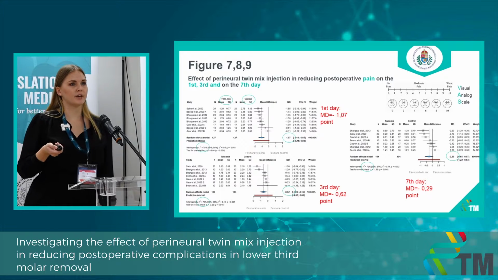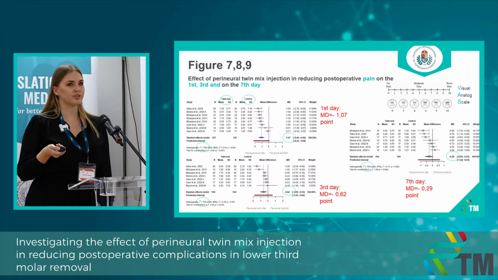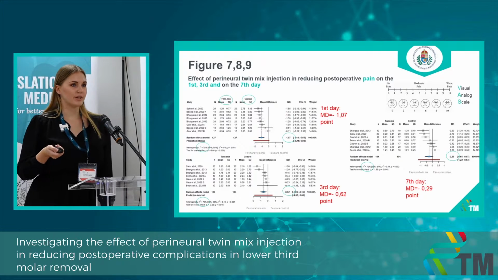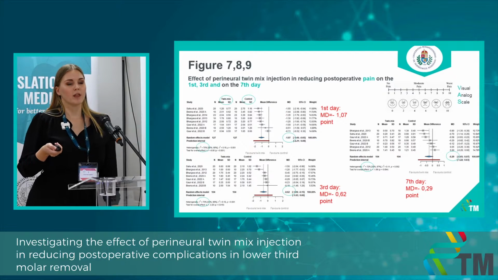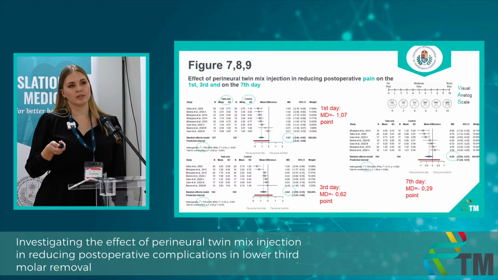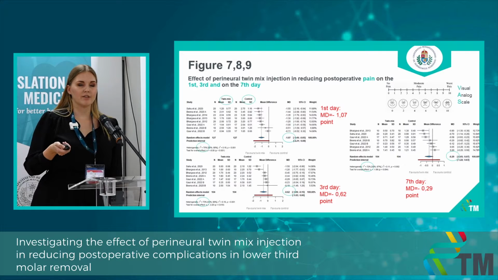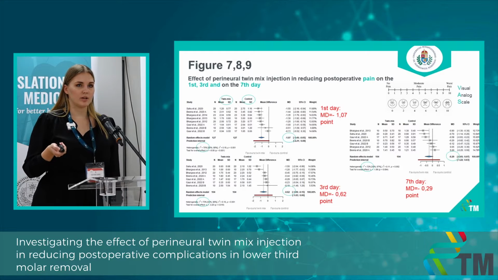My next 3 figures are investigating the twin mix injection in reducing postoperative pain on the first, 3rd, and on the 7th day. The pain is also an important outcome because it also determines the life quality. The postoperative pain was measured on this 10-point visual analog scale.